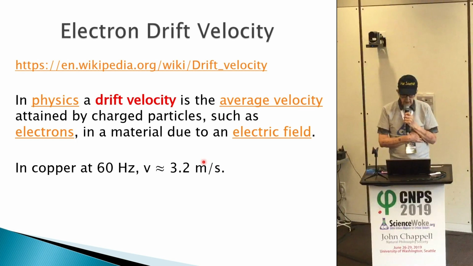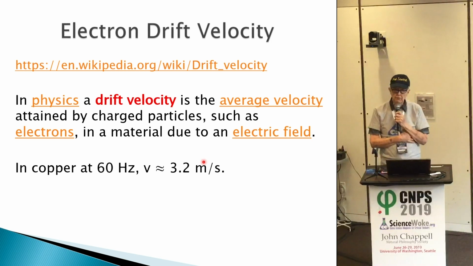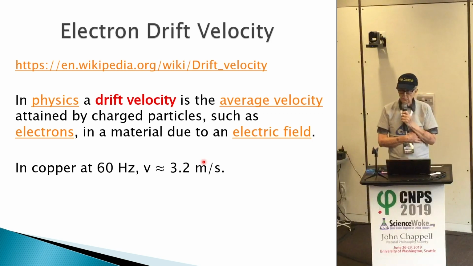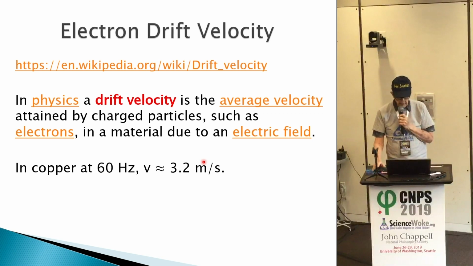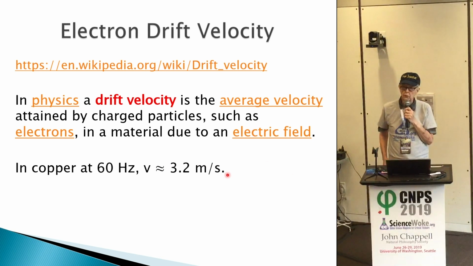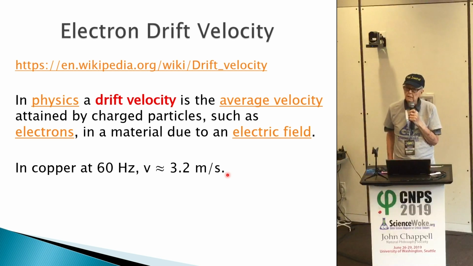It's the average velocity attained by charged particles such as electrons in the material due to the electric field, presumably the EMF force. That drift velocity is only 3.2 meters per second.